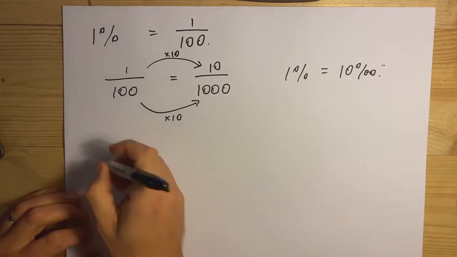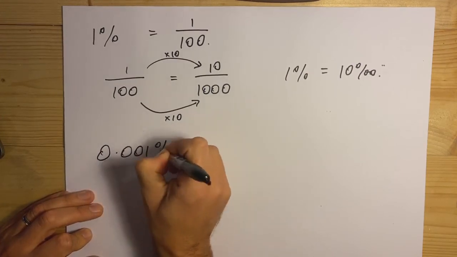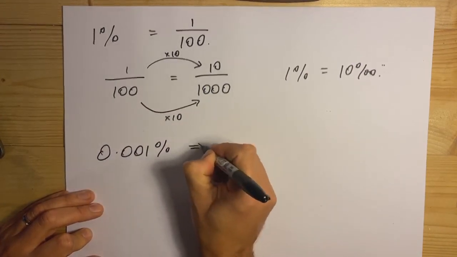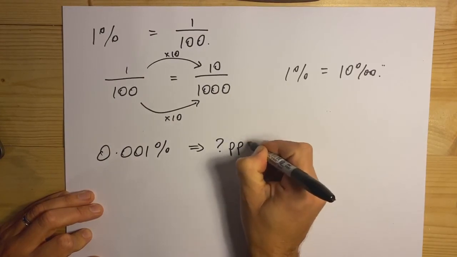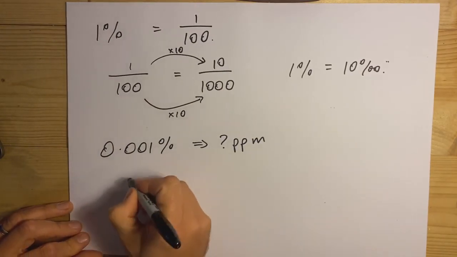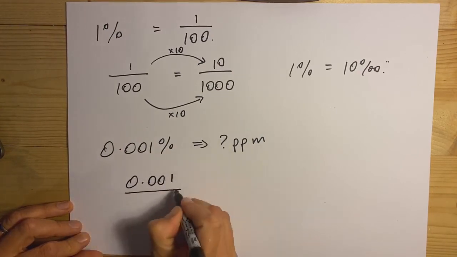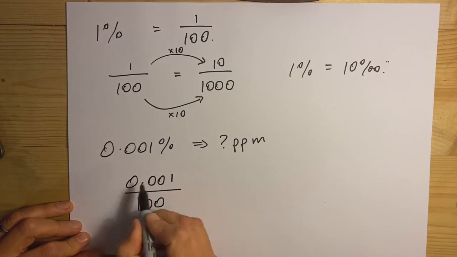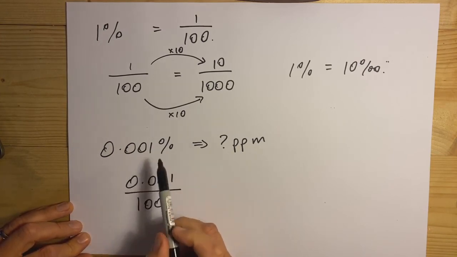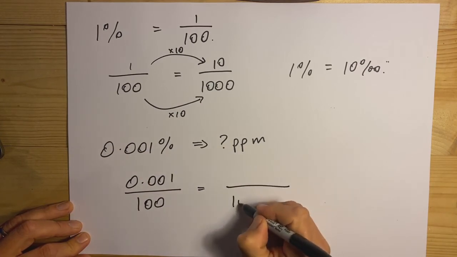Let's do a quick example. If we've got 0.001%, what is that in parts per million, ppm? We work this out in a similar way as above. 0.001 divided by 100 is its value as a percent, and we want to know what that is in parts per million.